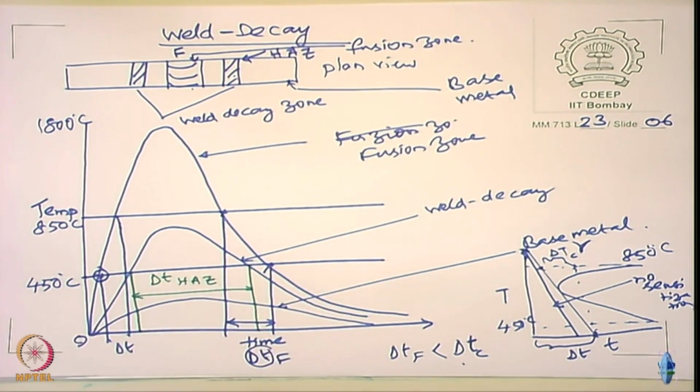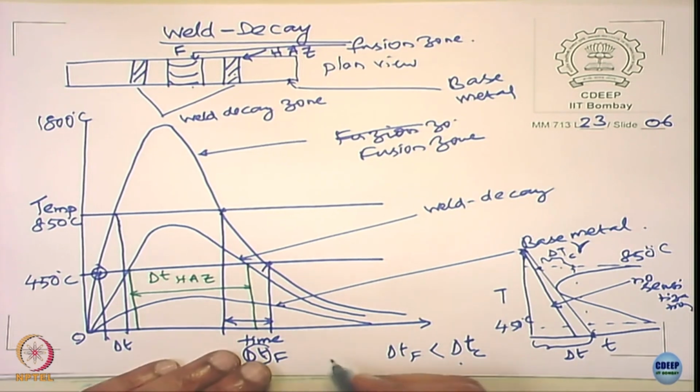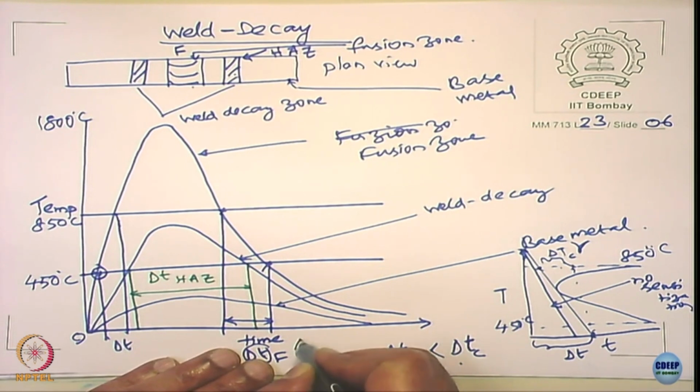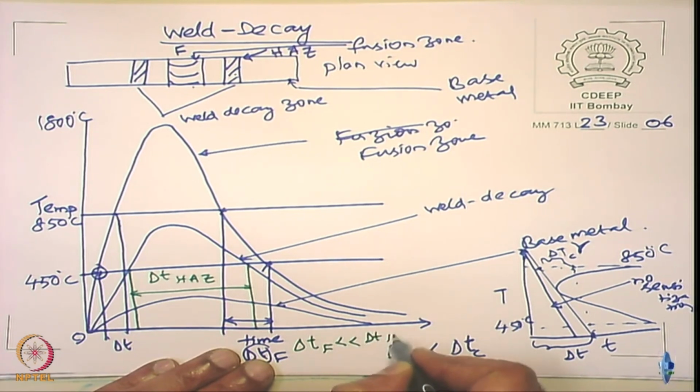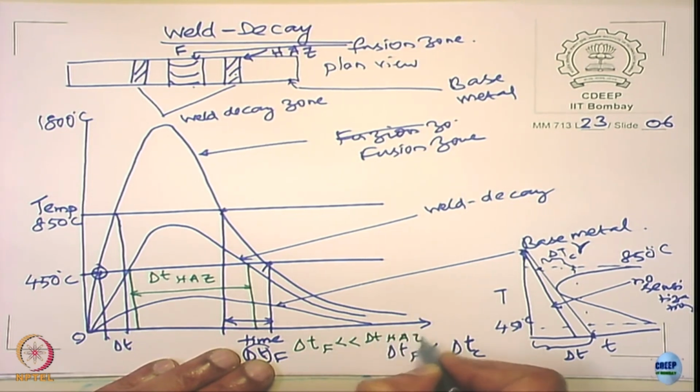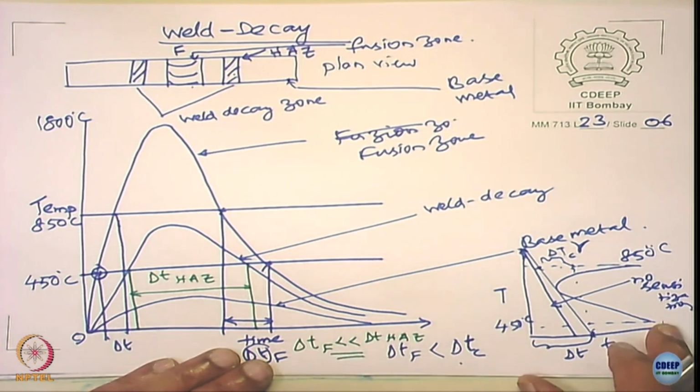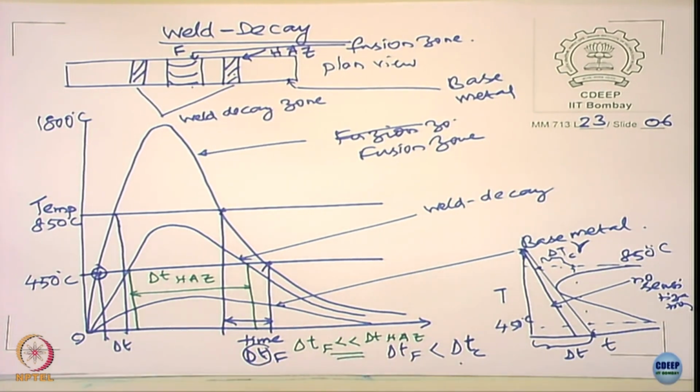You guys follow or not follow? Okay. Now if you look at here, it becomes so obvious for you, you will find at least delta T fusion is much smaller than delta T H says that. Can you make it? You get it from this diagram?